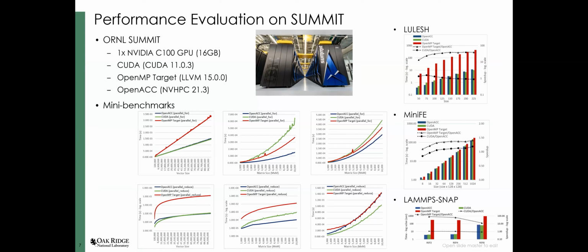On the right, we can see some other examples using some Exascale Computing Project mini-apps, but the conclusions are the same. We see that OpenACC provides much better performance than the OpenMP target backend, and either competitive or better performance than the CUDA backend.